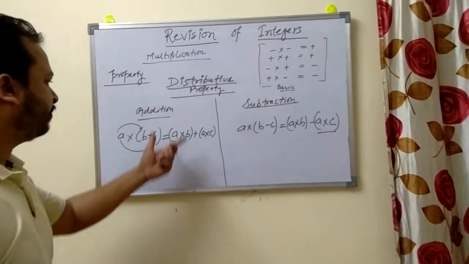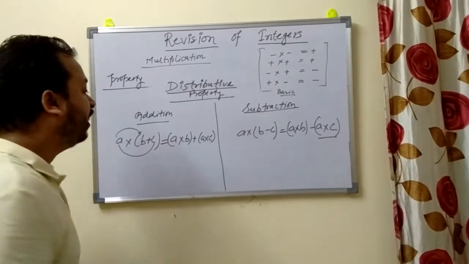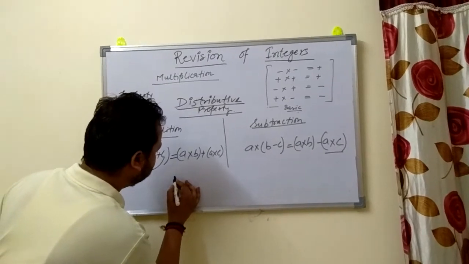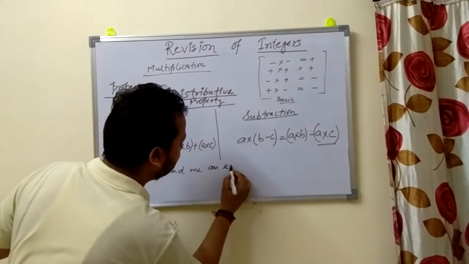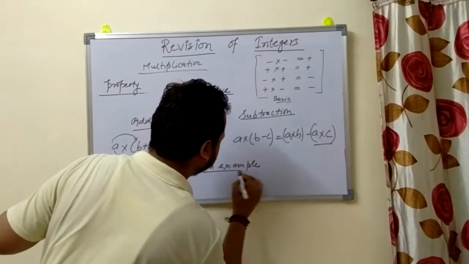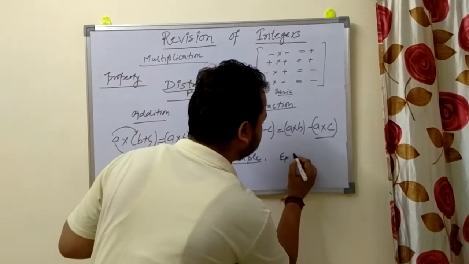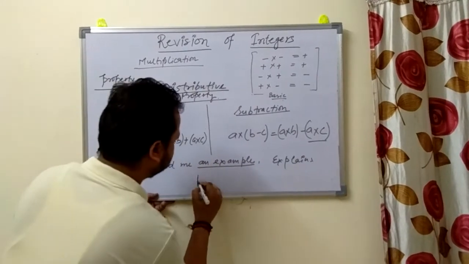These are the distributive properties of multiplication over addition and subtraction. You have to send me an example that explains these properties.